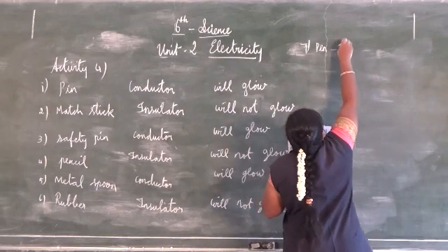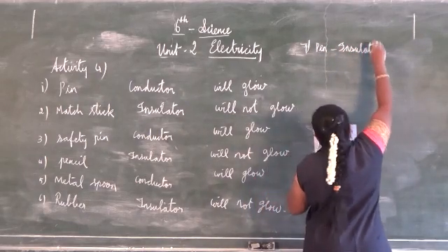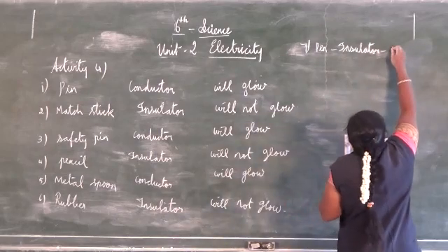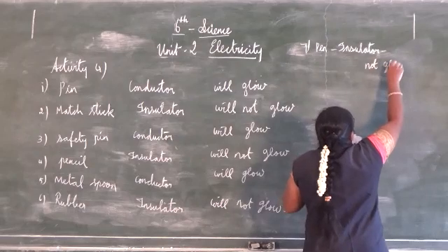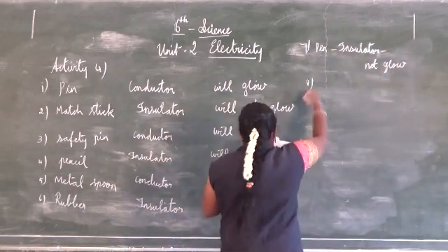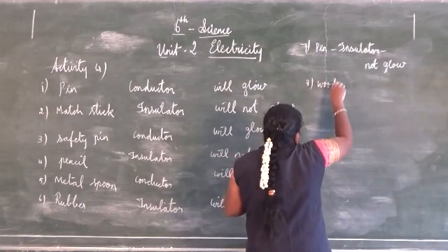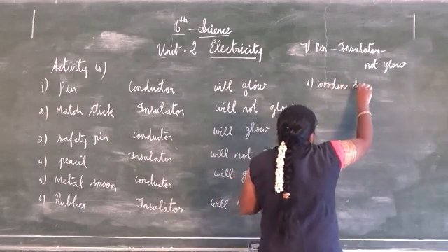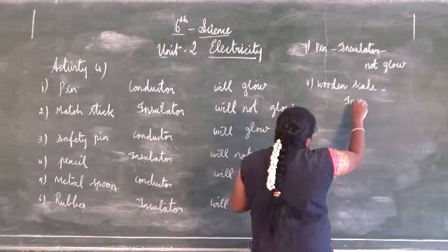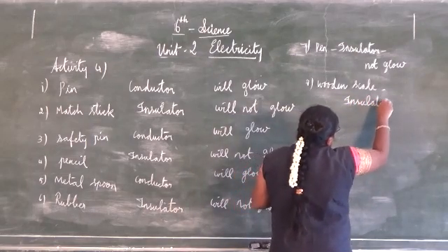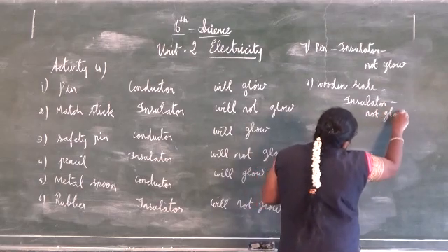It's an insulator, so here also the bulb does not glow. Then the eighth one, wooden scale. It is again an insulator. The bulb does not glow. Understand, children?